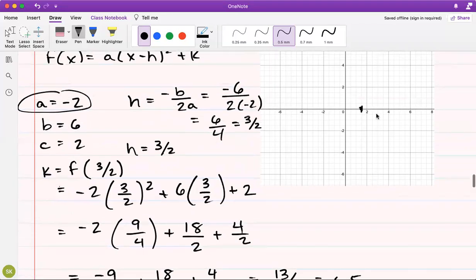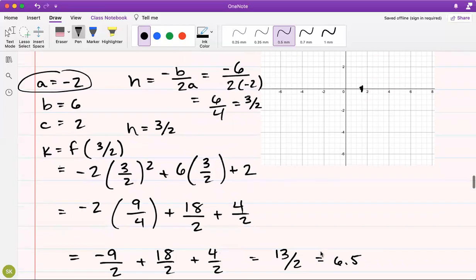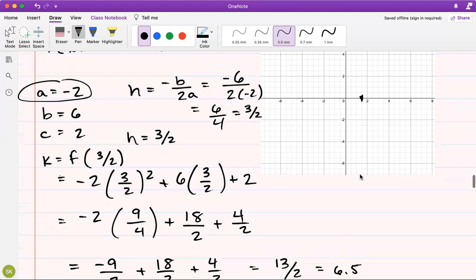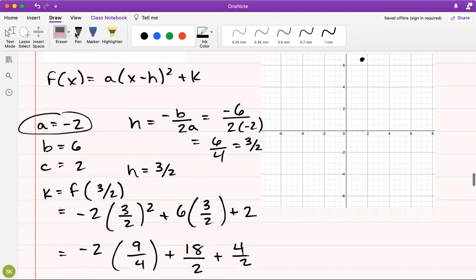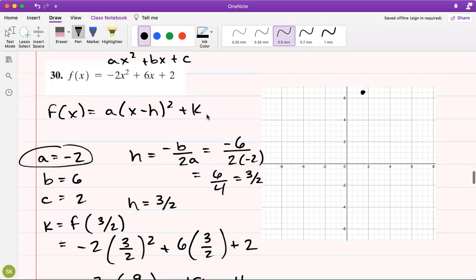Okay, so the vertex is at positive 3/2 and 13/2, so 6.5, we said, which is right here. So that's our vertex. Let's put that down.